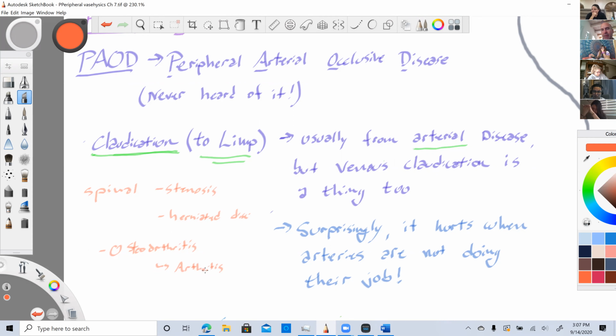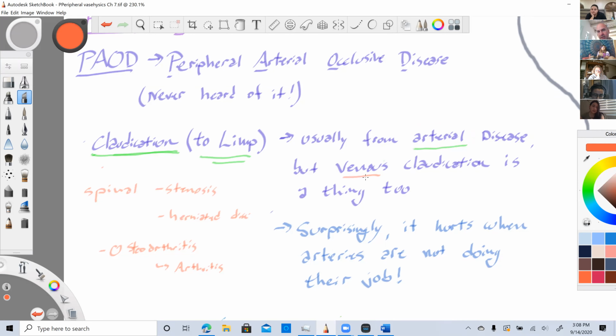So a lot of times when we get the patient in there, we're ruling out these other things. We may be ruling out arterial disease, which would support, okay, yeah, the doctor's like, I wasn't so sure it was arterial. I think this person has a spinal stenosis. Let's get them an MRI, that kind of stuff.